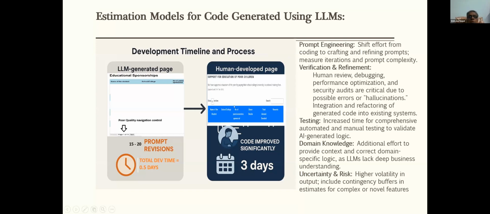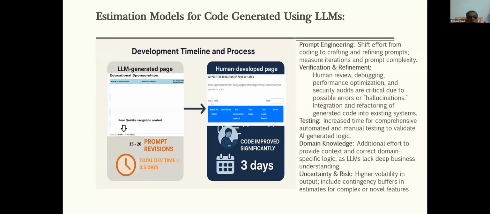Here, the same page was improved by a human expert, and it took him nearly 3 days to improve it. You see, it looks much better, and the usability factors are considered. But then it's gone to 3 days. So we couldn't simply use the LLM-generated page just like that.